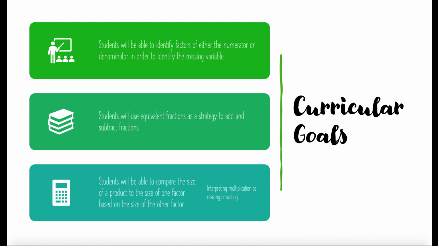Students will use fractions as a strategy to add and subtract fractions with unlike denominators. So they need to be able to identify common factors to create like denominators to get the correct answer. And then students, of course, will interpret multiplication of fractions as resizing or scaling, and then we'll get into ratios later on in our unit. And of course, ratios are just another form of fractions.